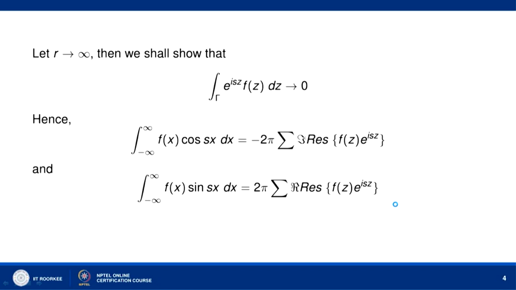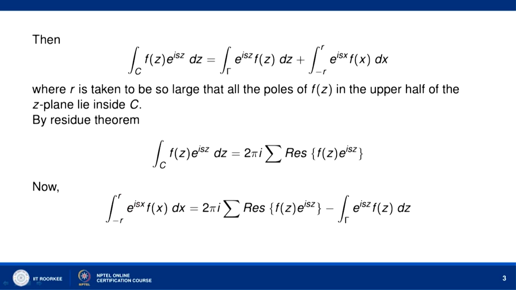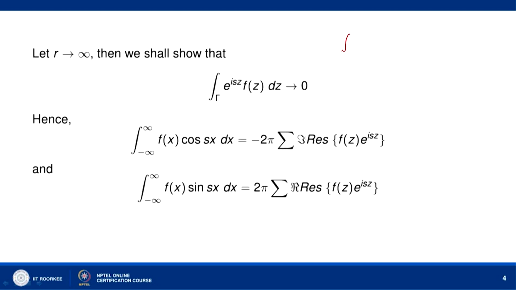Now, let us take r to go to infinity; then we shall show that the integral over gamma of e to the power i sz f(z) dz goes to 0, and once we get this, the integral from minus infinity to infinity of e to the power i sx f(x) dx will be equal to 2 pi i times the sum of residues of e to the power i sz into f(z).